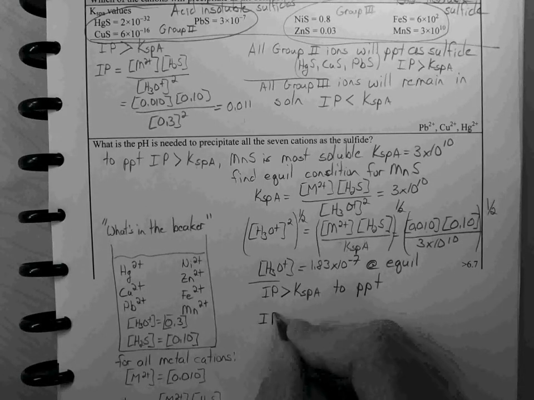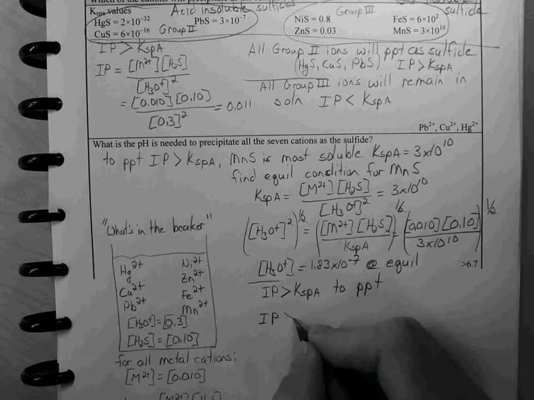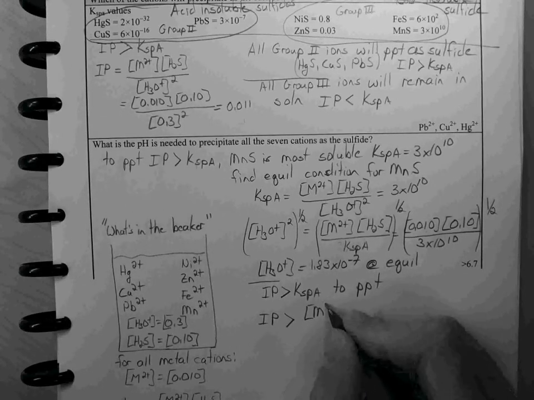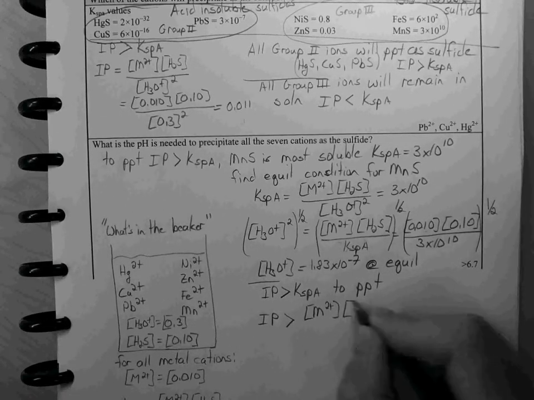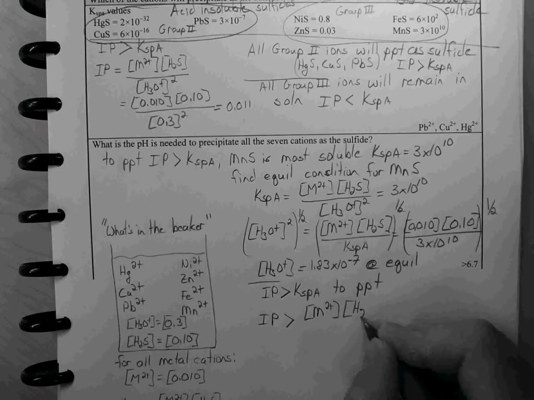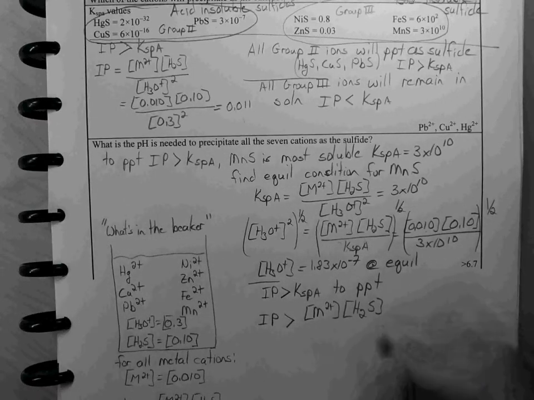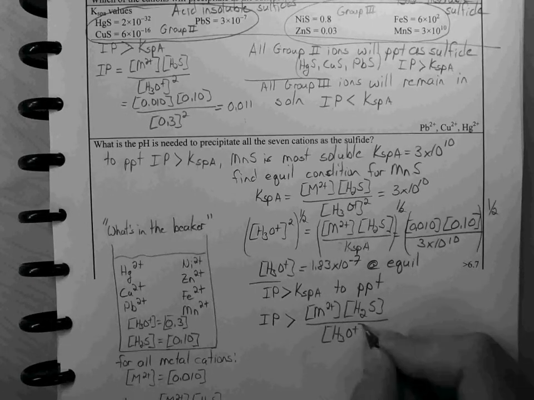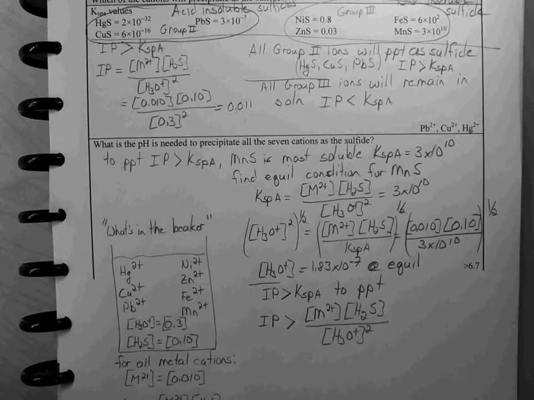So our IP has to be greater than our M2+, H2S, and H3O+ ion concentration squared.